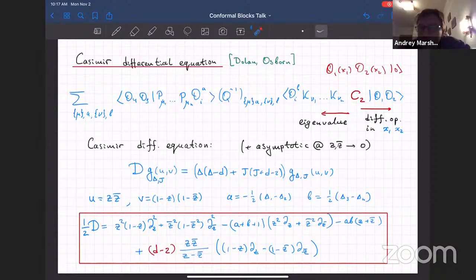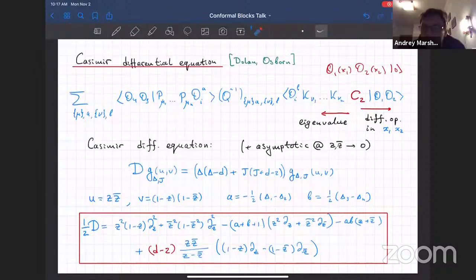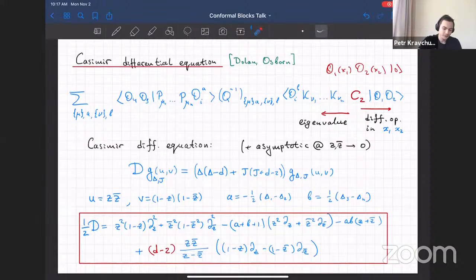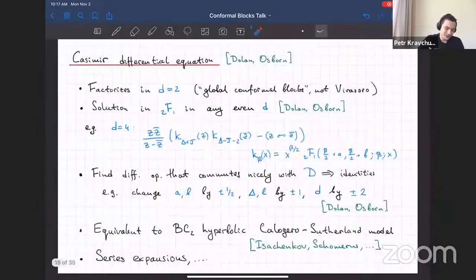So it arises when you translate from the correlation function to this G. Yeah, it arises when you go from x1, x2, x3, x4 to u and v, from these prefactors which you have. Yeah, exactly. Thank you. And it's really important to translate there, because in x1, x2 it's a terrible operator, and there is a nice choice of prefactor which gives this equation and this differential operator, while other choices give much nastier expressions.